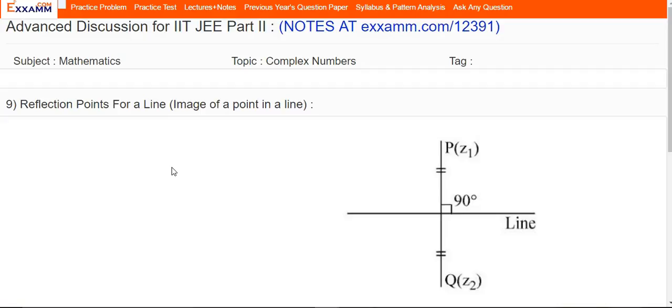As you are seeing, I am not giving many examples at this stage, because many of the examples on this topic would use more than one topic. As of now I am just explaining the basic concepts, and these are very simple concepts based on coordinate geometry.